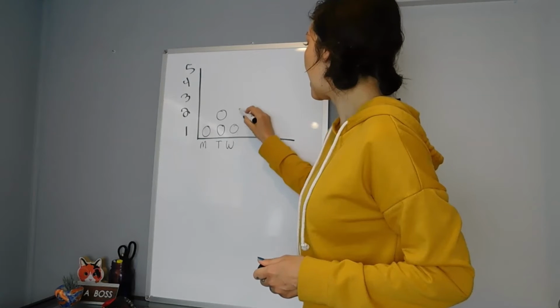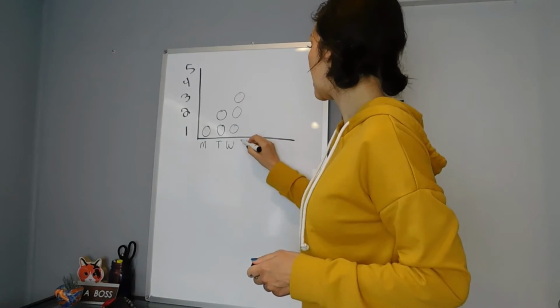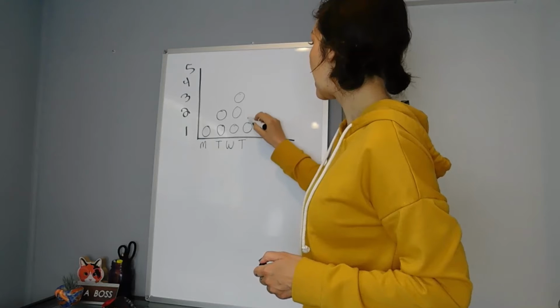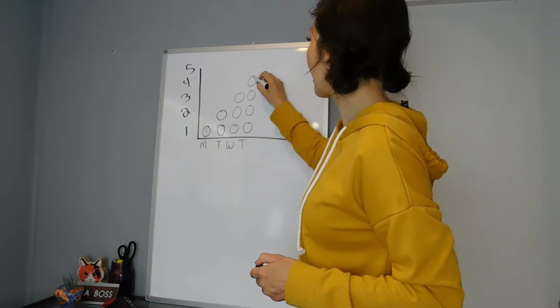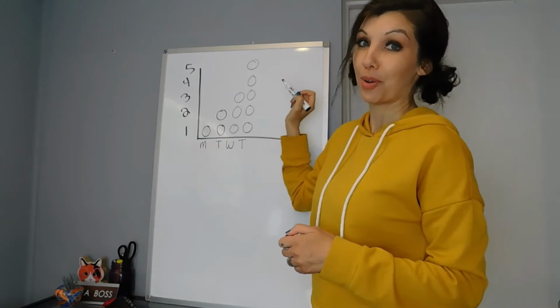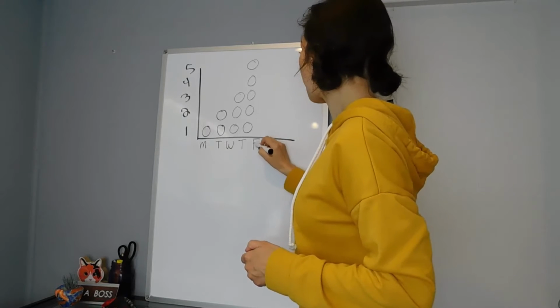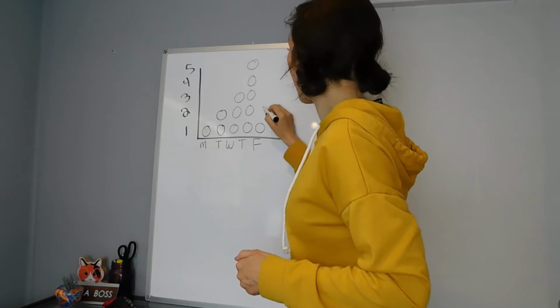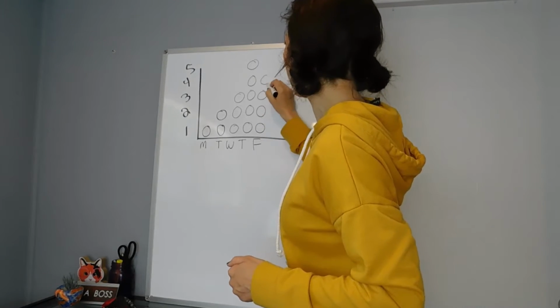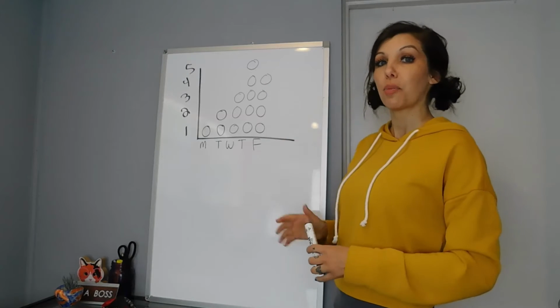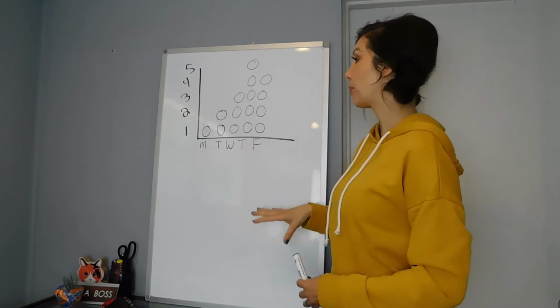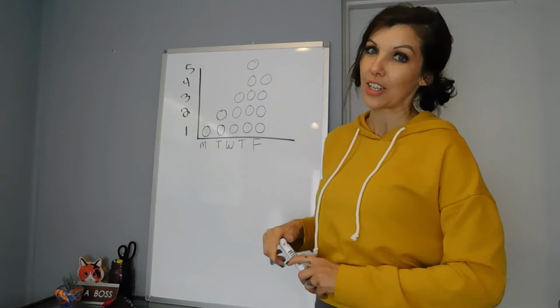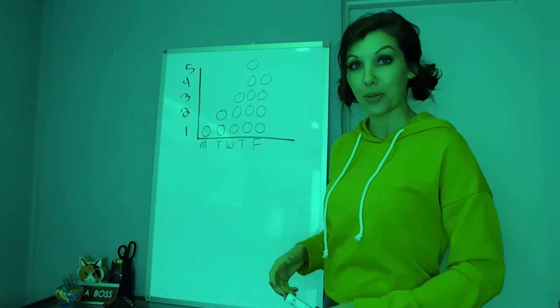Wednesday, I eat 3. Thursday, let's say I eat 5. It was a rough day. And then Friday, I'll eat 4. So this is what we would call a histogram that represents our data. And our data here is cookies throughout the week.